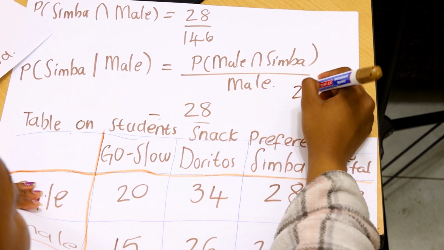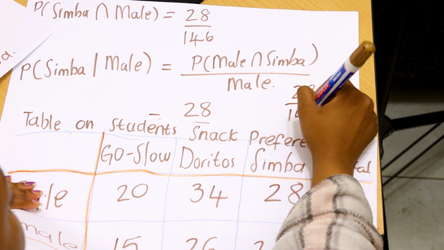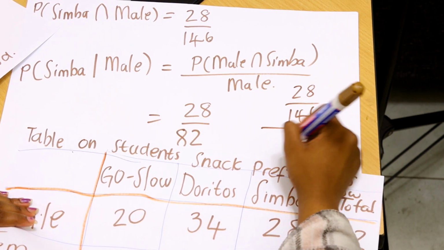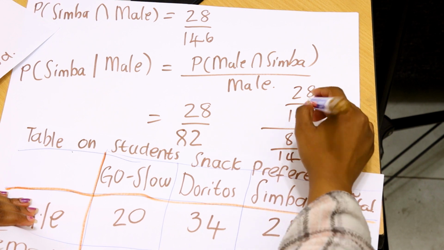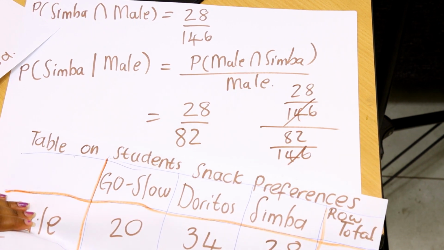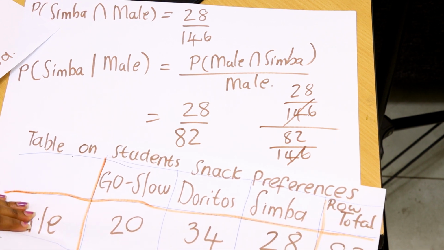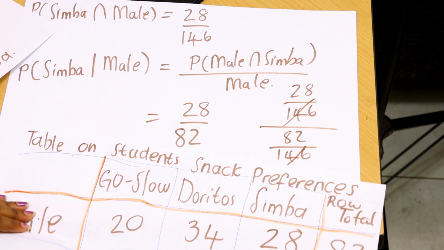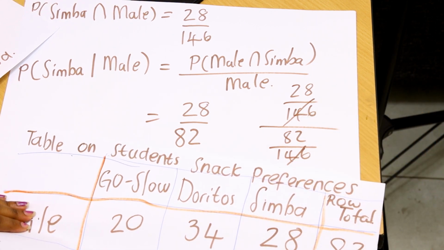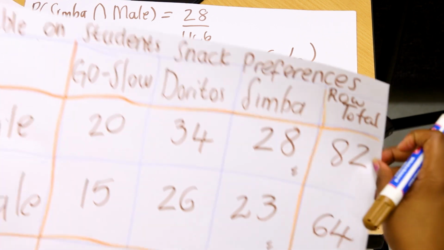So it would be like this: 28 over 146 divided by 82 over 146. These would cancel out and you'd be left with 28 over 82. Again, that's because they've given you the condition that it's male, so you only have to consider that 82.